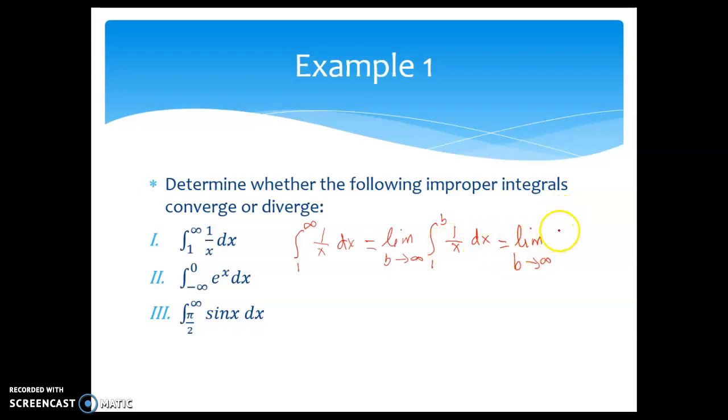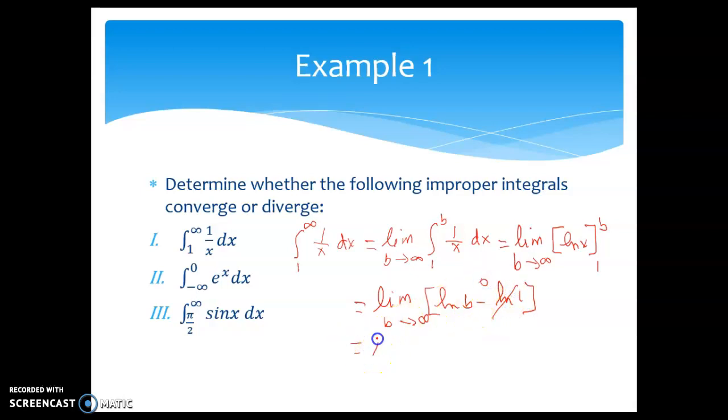So then limit as b goes to positive infinity. When I integrate here, I'm going to get ln of x. So I'm going to evaluate from 1 to b. So then now I'm going to say limit as b goes to infinity of ln b minus ln 1. ln 1 is going to be equal to 0.